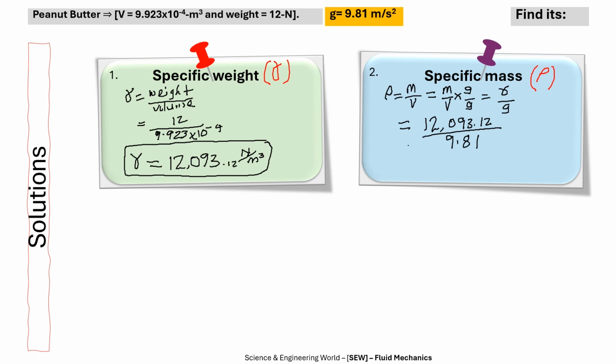So putting all of this into our calculator, we now have rho, that's the density of peanut butter, is equal to 1,232.73, and the unit is kilogram per meter cube.